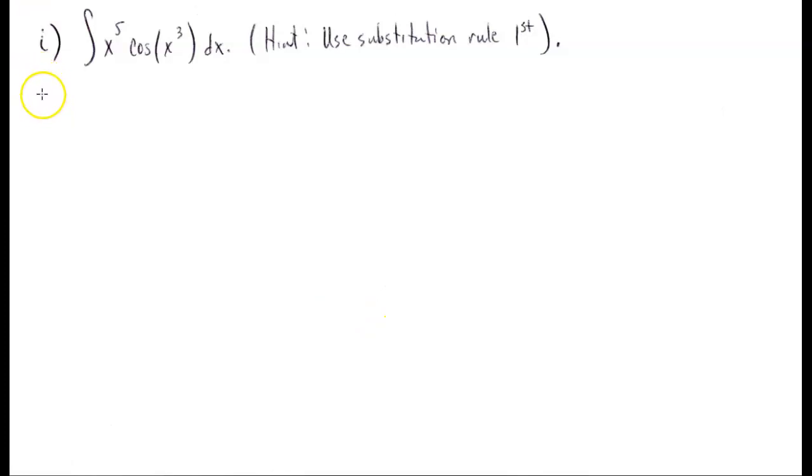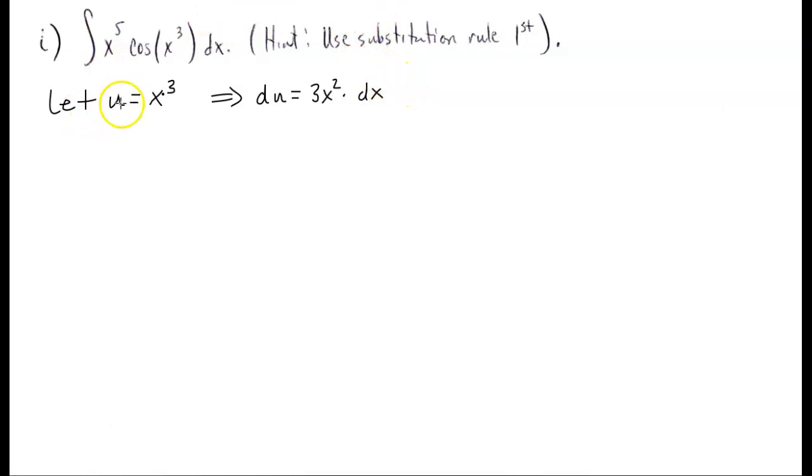So if we're going to do that, then let's let u equal x cubed, because that's the innermost function here. So we let u equal x cubed, then that means du is going to be 3x squared dx.